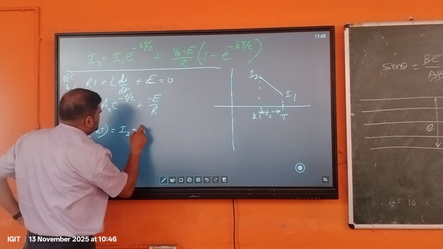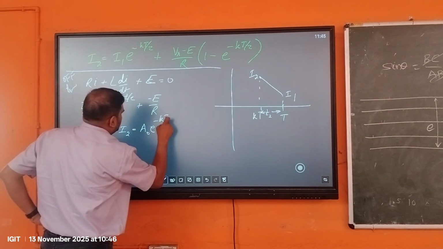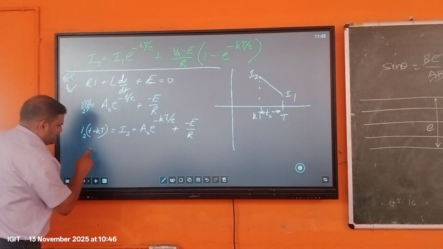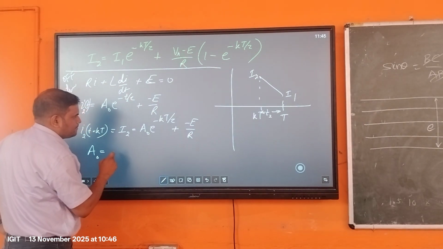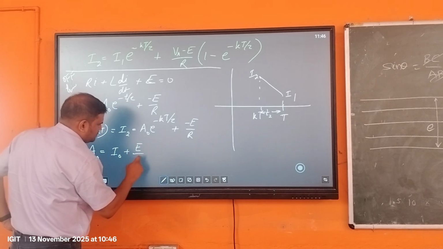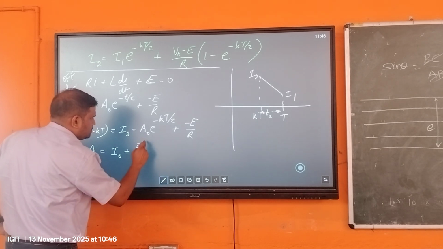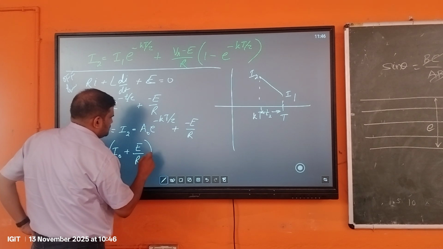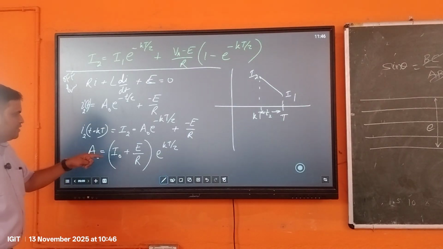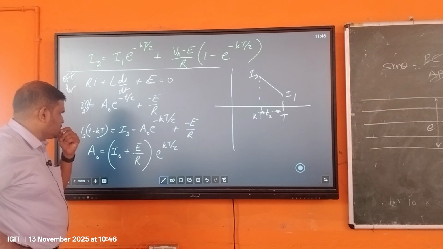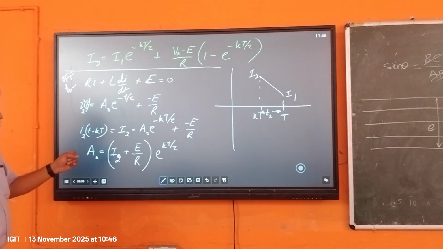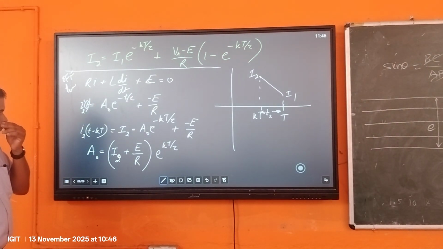So I2 is equal to A0 e to the power minus kT by tau plus minus E by R. From that we can write A0 is equal to I2 plus E by R into e to the power kT by tau. Sorry, it is not I0, A0 is equal to I2 plus E by R into e to the power kT by tau.